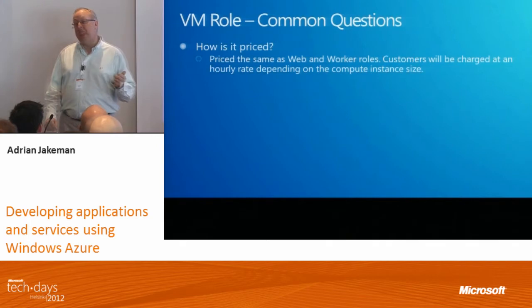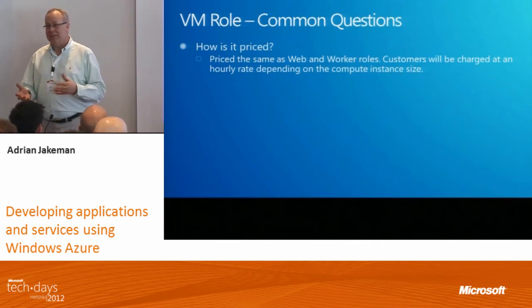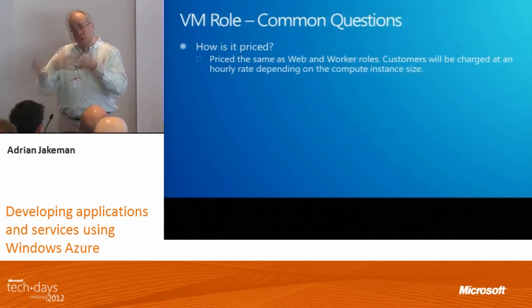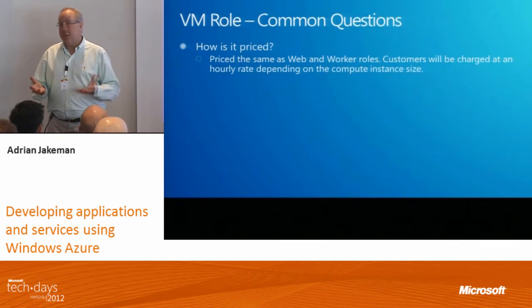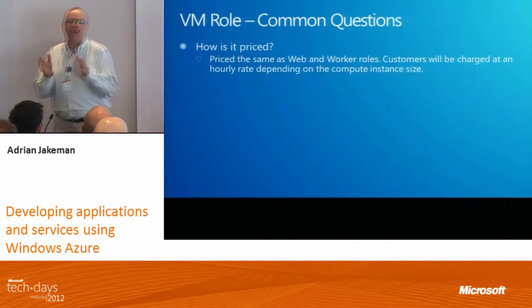Or it might be that your role recycles 40 days after you deploy it. You don't know when that's going to be. All you can do is write into your on-stop code the ability to clean up and tidy up after the work that you've been doing. So I'd love to be able to say it's every week, but it's whenever it is.